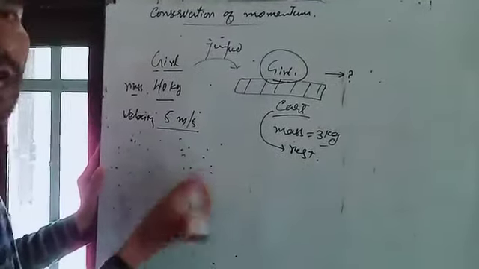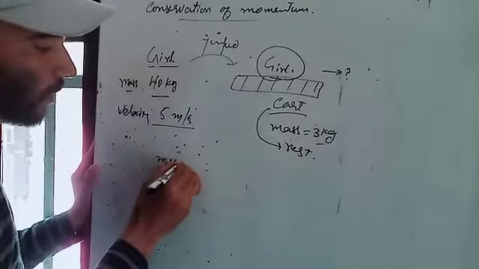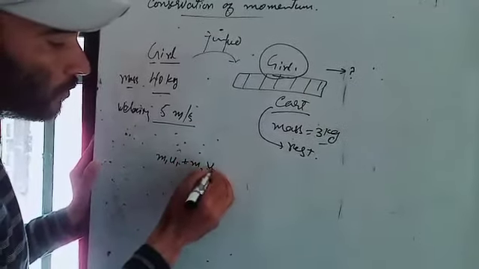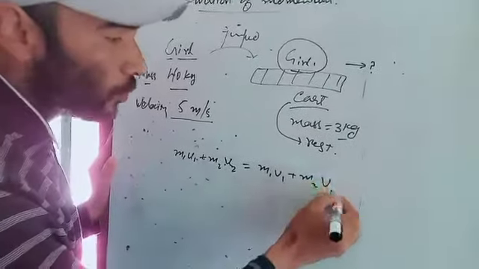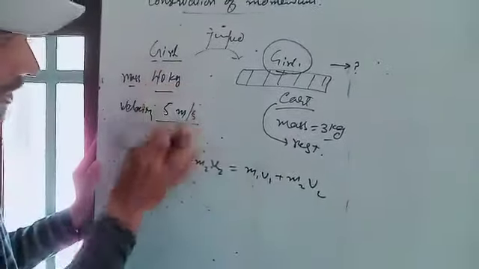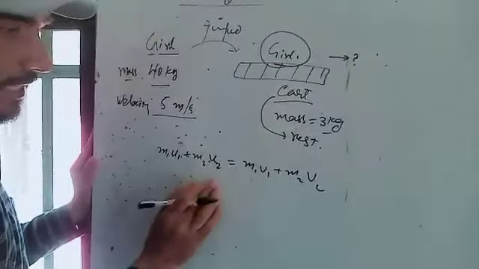Again you have to write the formula m1u1 plus m2u2 is equal to m1v1 plus m2v2. You have to put these values in the equation.